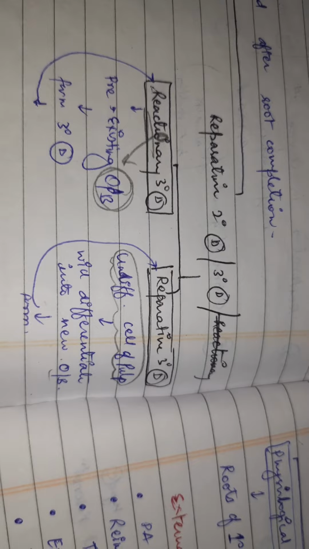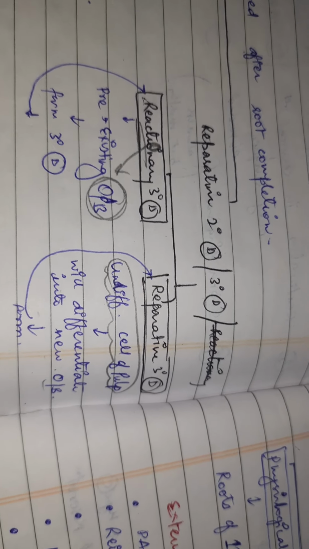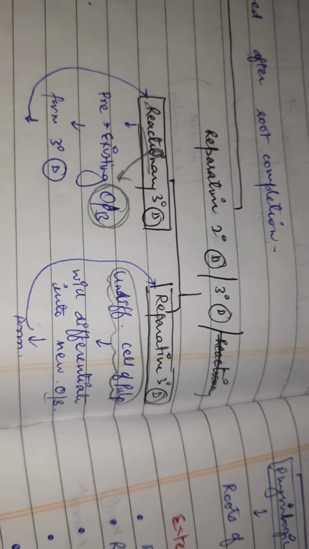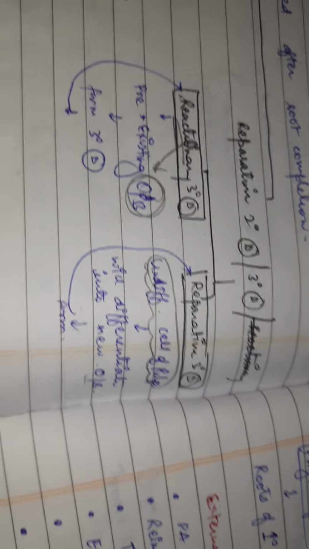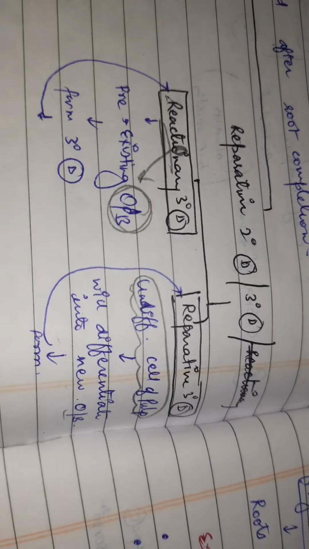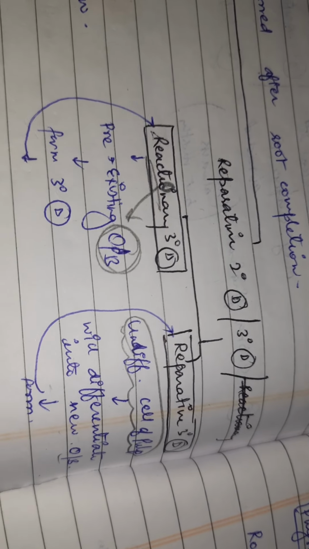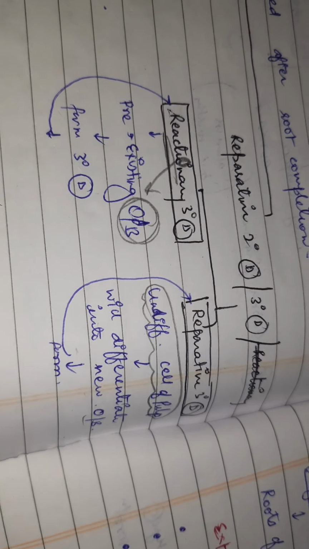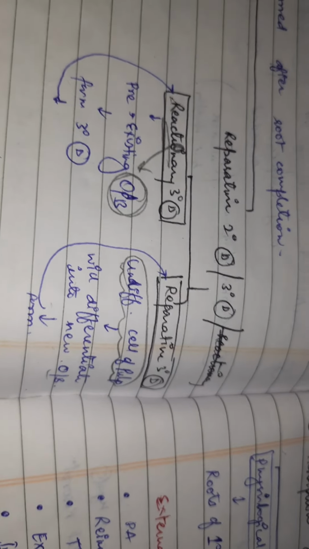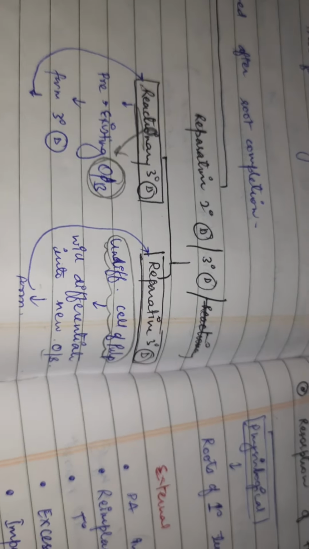Reparative or tertiary dentine is divided into two types: reactionary tertiary dentine and reparative tertiary dentine. In reactionary tertiary dentine, pre-existing odontoblasts form the tertiary dentine.